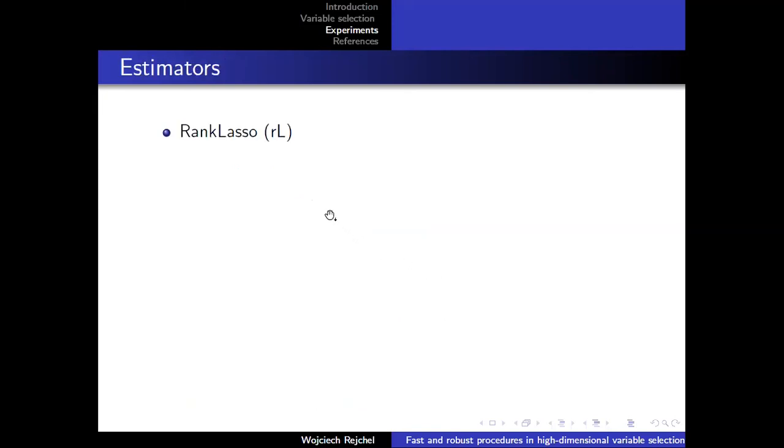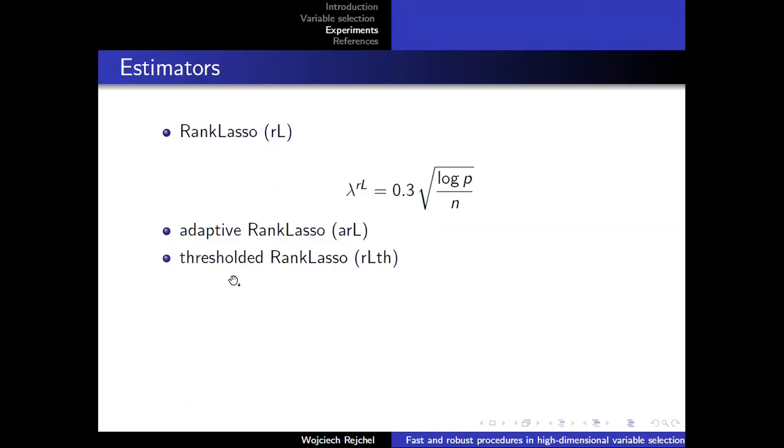We consider a few estimators. The first one is the rank Lasso with the tuning parameter with the constant 0.3 in each experiment. And then we have adaptive rank Lasso, so we use the two-step procedure.